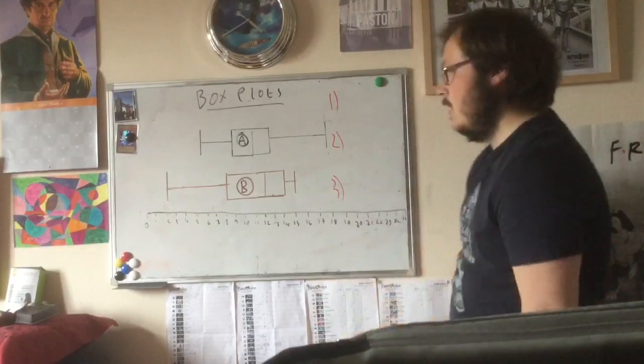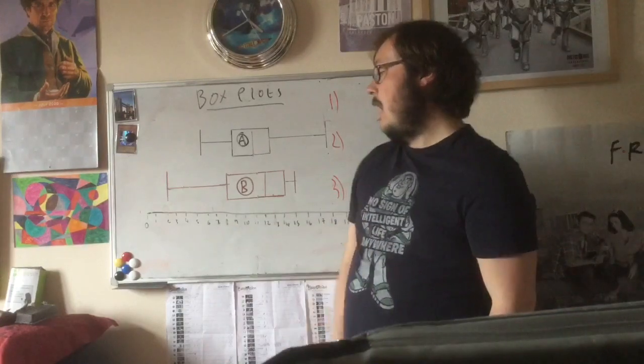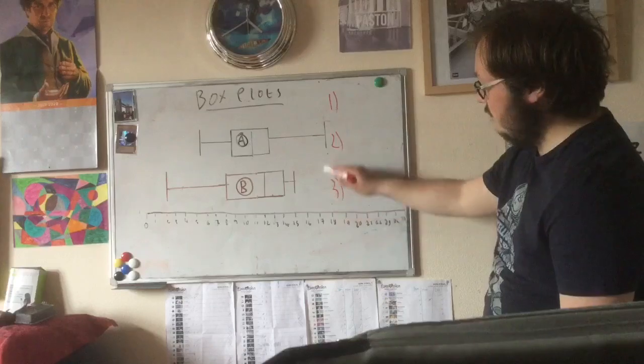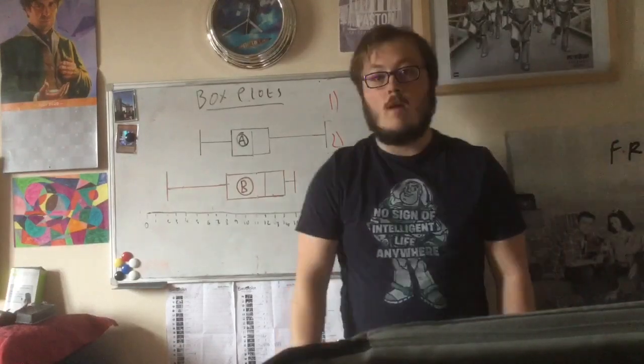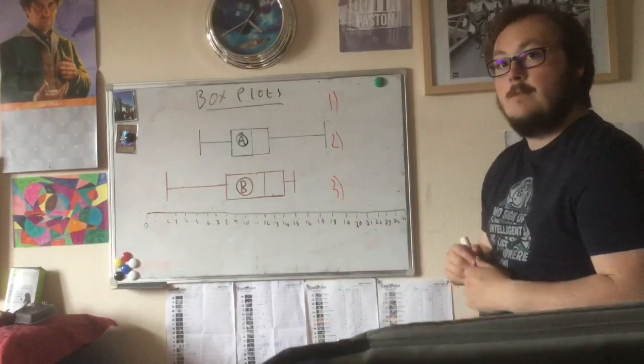So let's look. Well, for example, on school A, we can see that the lowest score someone got was a 5, and the highest score someone got was 18. Whereas in school B, the lowest score was a 2 and the highest was 15.